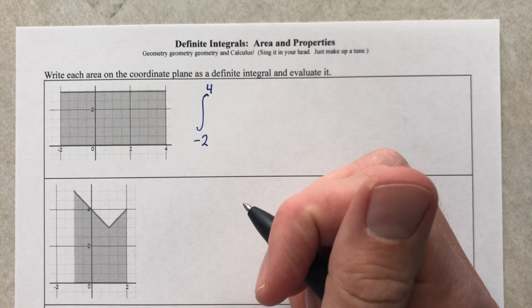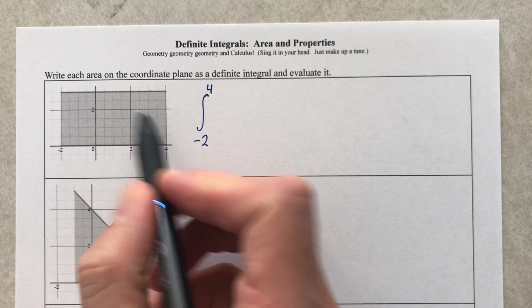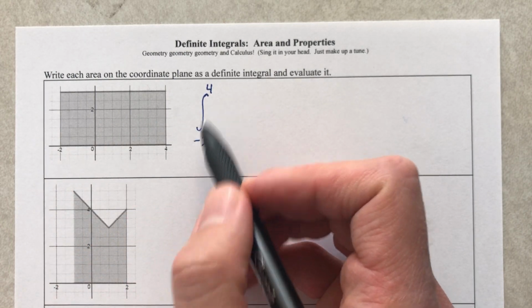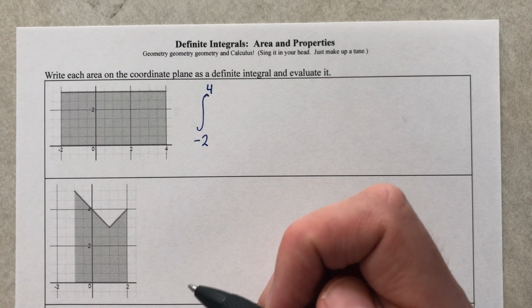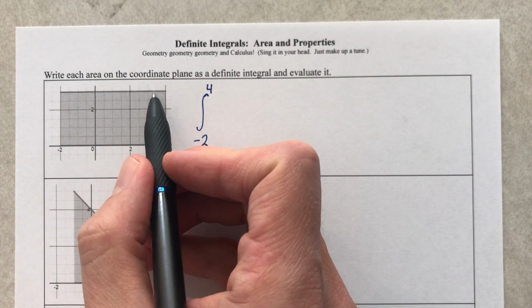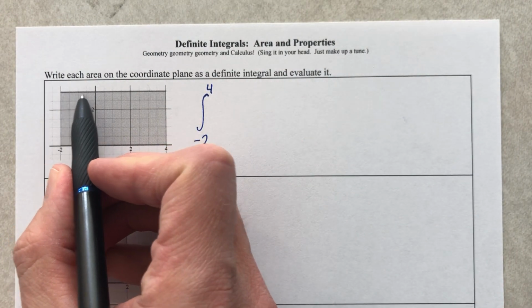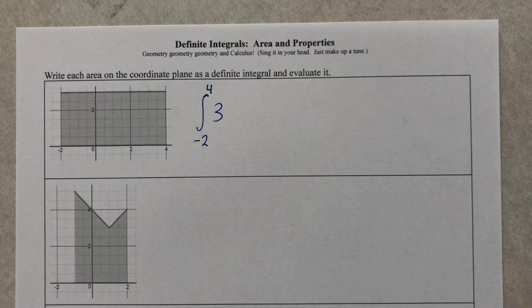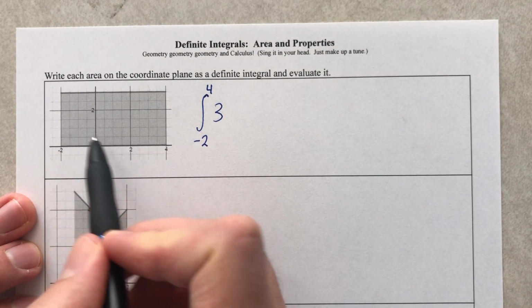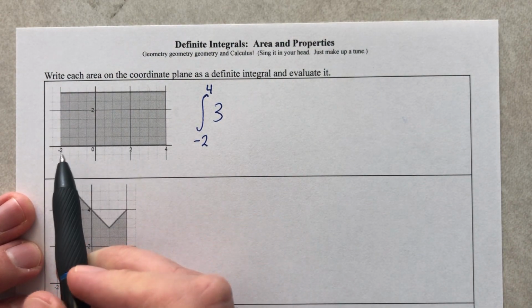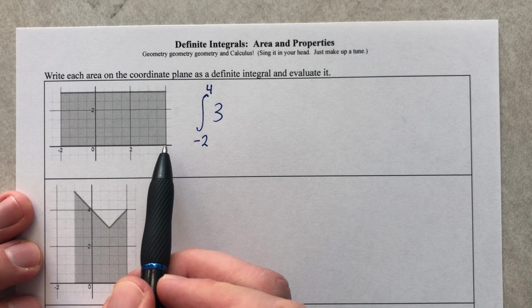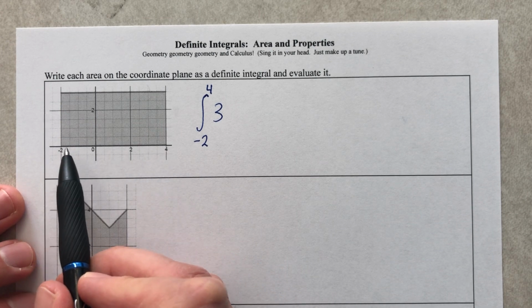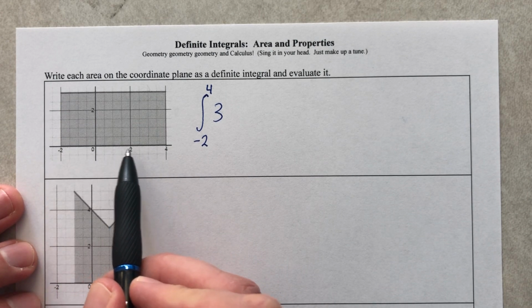So what I'm wanting to do is write this area as a definite integral, and as I do that, what I'm going to do is figure out what that function is, and don't think too hard. This function right here is just 3. Okay, so what we're really doing is finding the area of this entire thing with x values from -2 to 4, and we are dealing with moving along the x-axis.